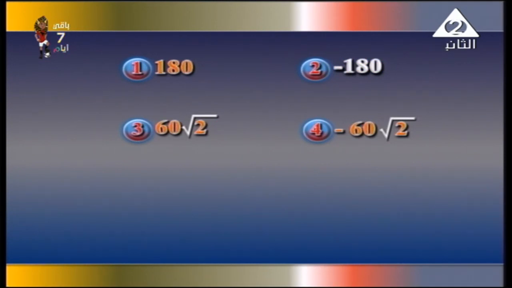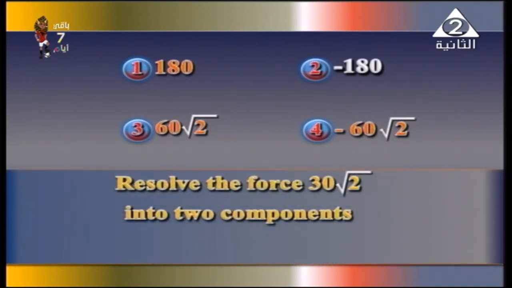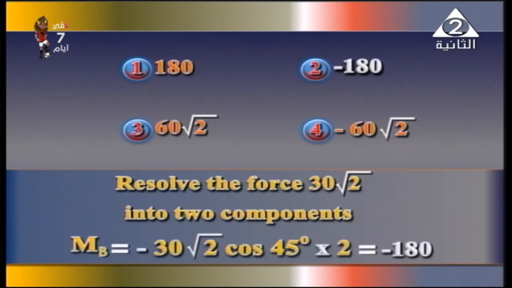Why negative? Because, my dear student, it is clockwise, we resolve the force 30 root 2 into two components. Then, moment about B is negative 30 root 2 cosine 45 times 2, then the answer is negative 180.